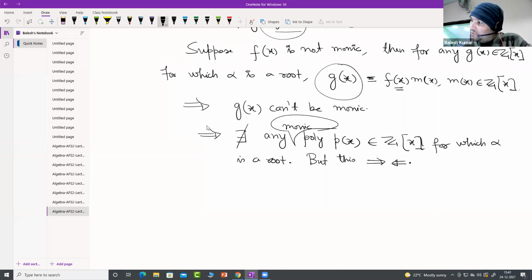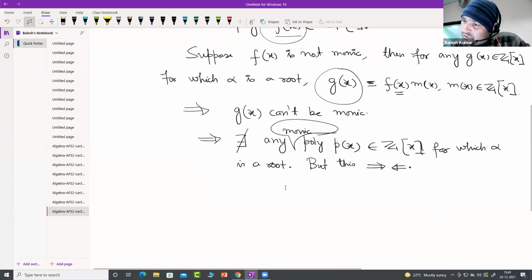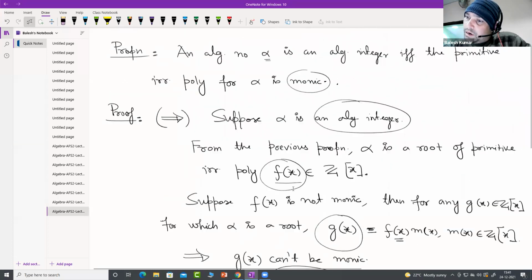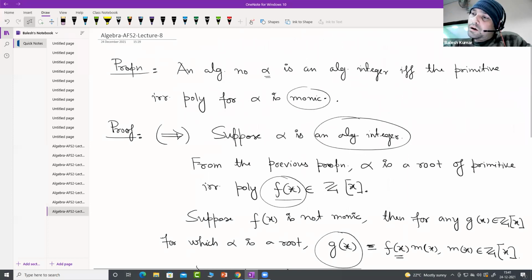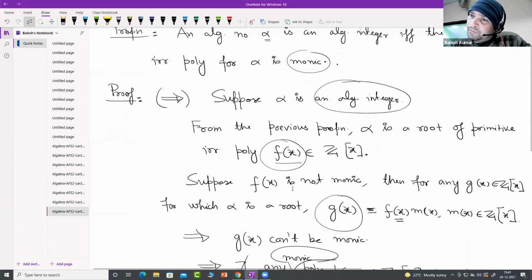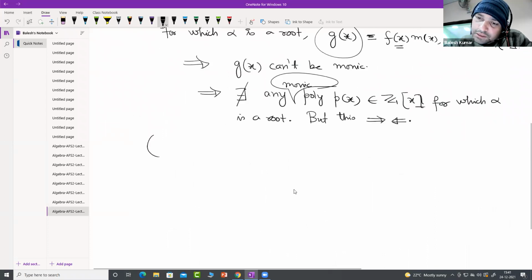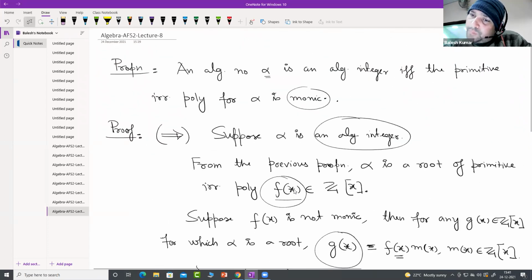And so therefore, if alpha is an algebraic integer, it is a root of a primitive irreducible polynomial which is monic. And conversely, the converse is obvious, because if you have a primitive irreducible integer polynomial which is monic, by the very definition this is an algebraic integer.